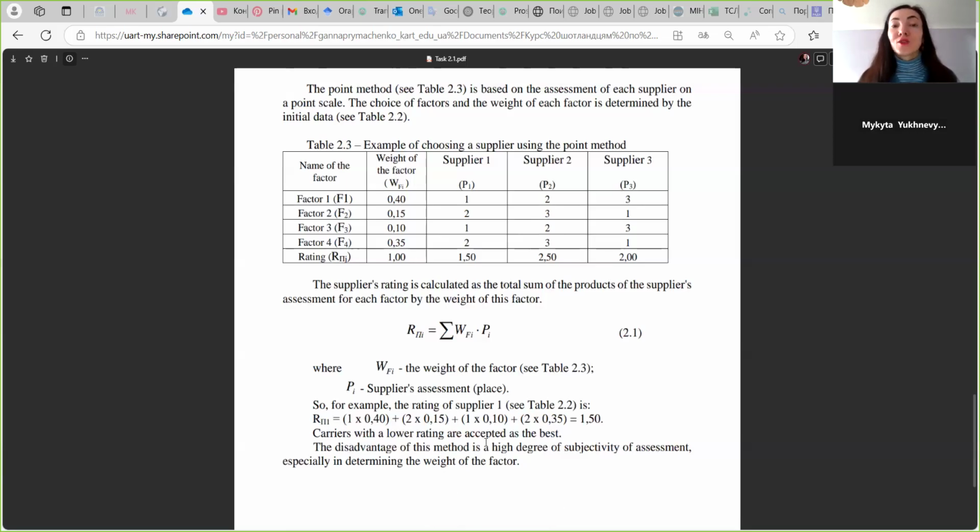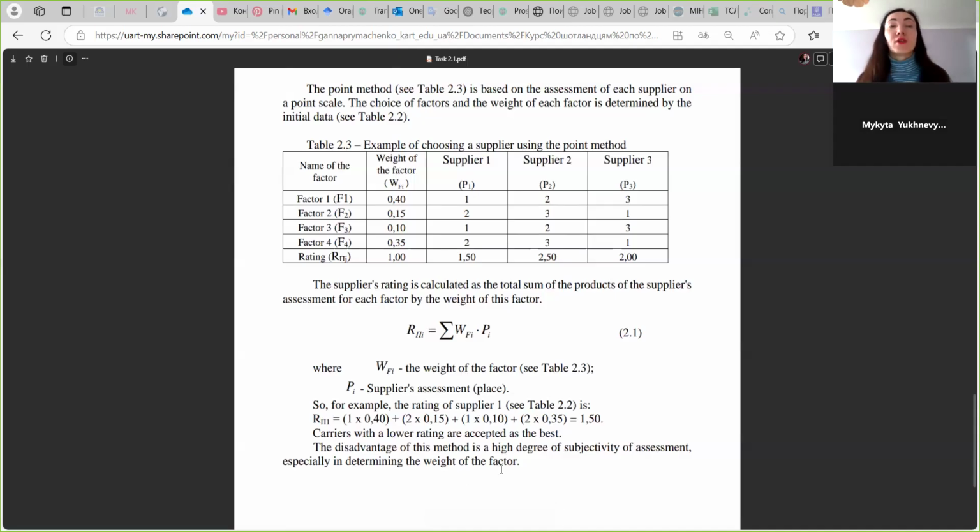Carriers with the lowest rating are accepted as the best. So we know that this method is not the very best. We could use different methods. There is a high degree of subjectivity of assessment, especially in determining the weight of the factor.